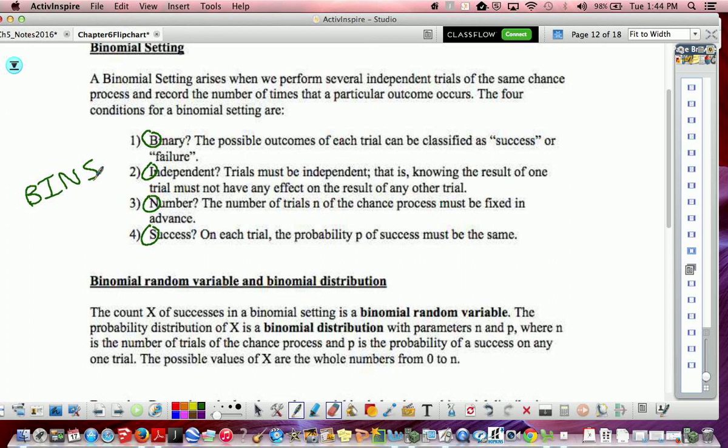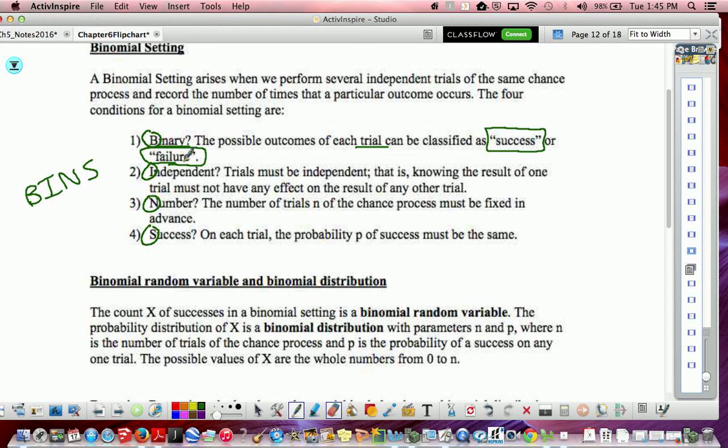The first thing you need to check is: is it binary? Hence the whole idea of the bi in binomial. Two outcomes. You're only looking at two possibilities. Most of the time when you're doing the trials, you're going to classify it as a success or a failure.